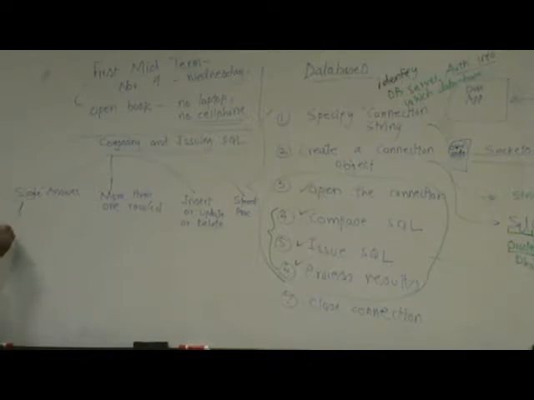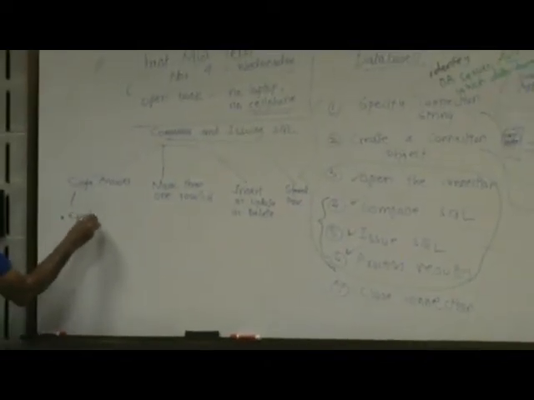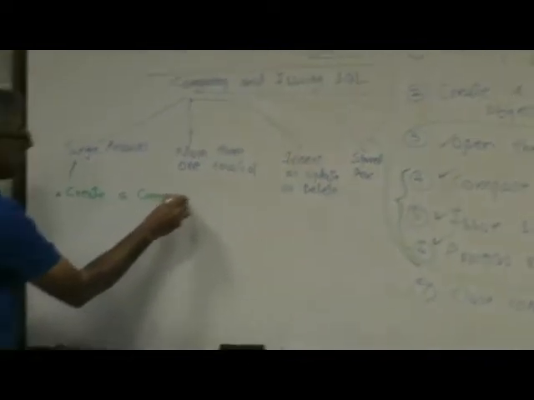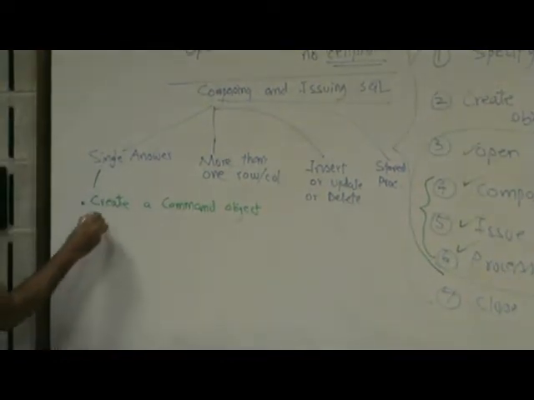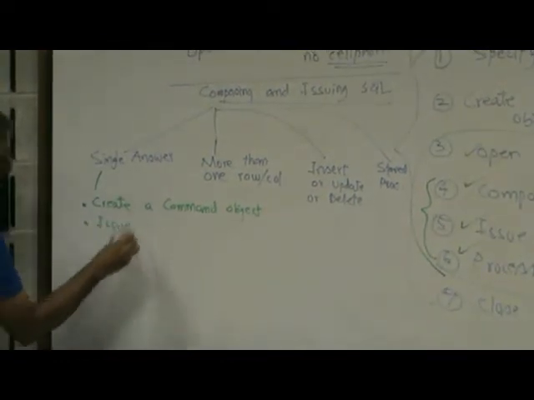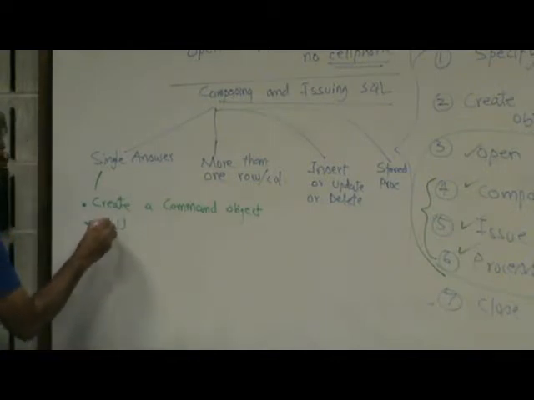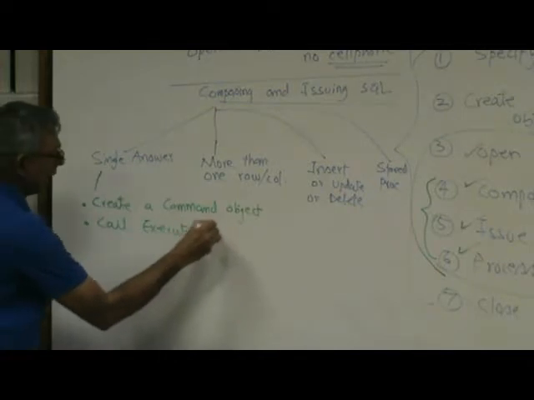If we wanted a single answer from the database, we typically create a command object. Then we call the execute scalar method on it.